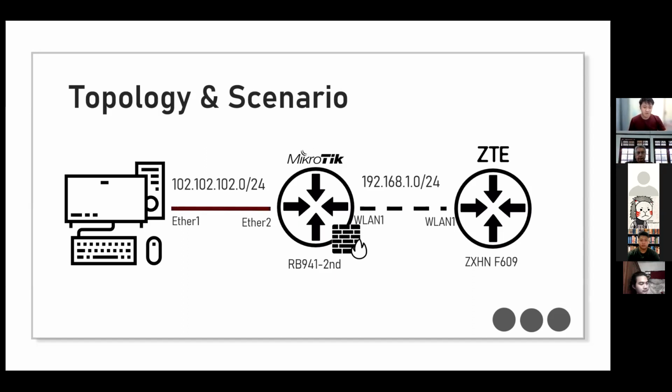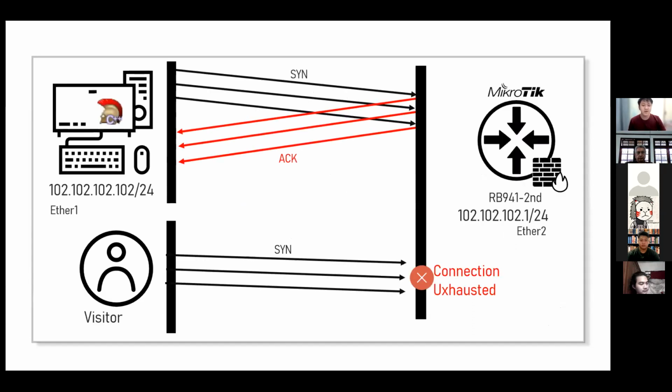The Syn attack will be like this: I will run the web stress tool and it will send a Syn, and it will receive an acknowledgment, but the visitor cannot use a Syn too. So the connection will be terminated when I run a Syn attack.